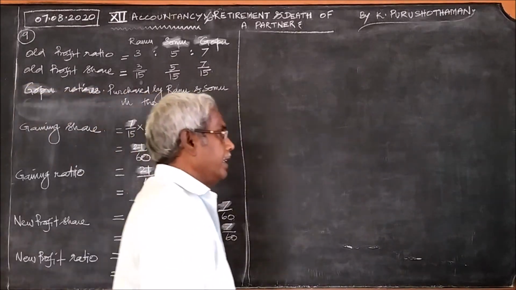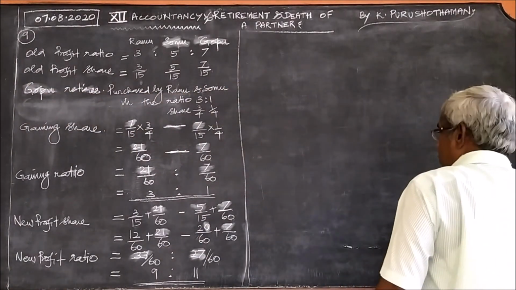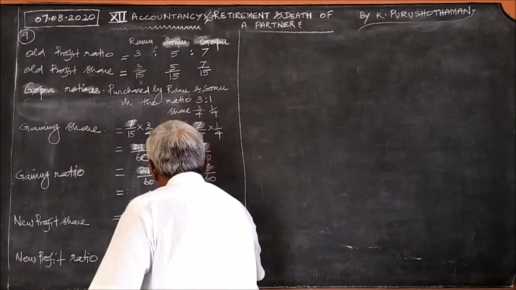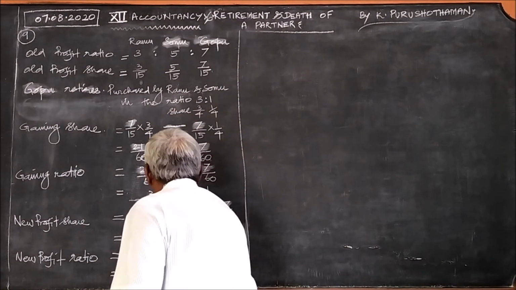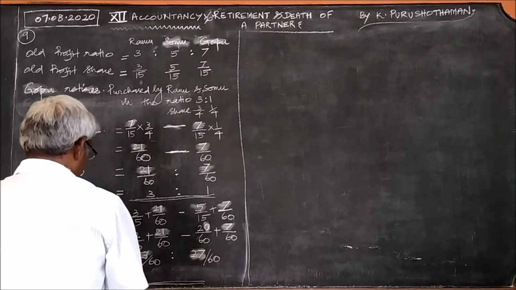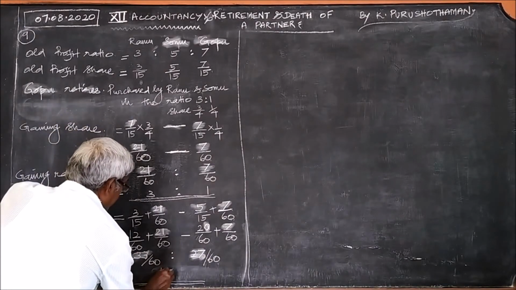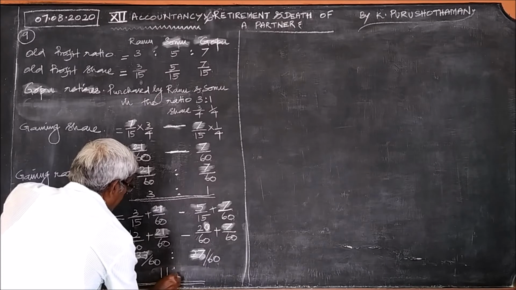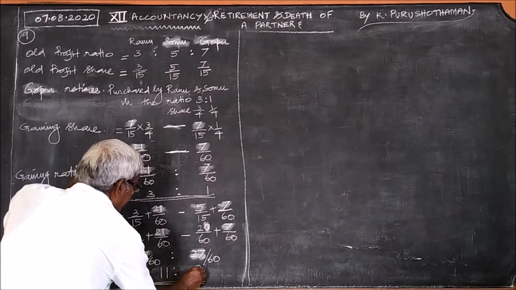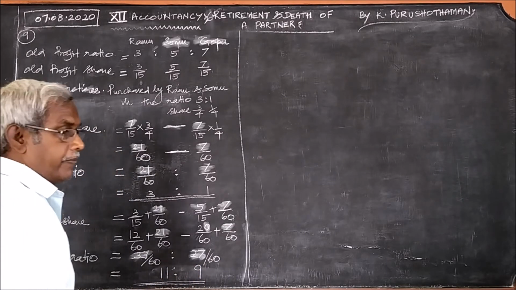And finally, we should make the last line correction also. Denominators are equal, and therefore, numerator we can write 33:27. 11 3s are 33 and 9 3s are 27.